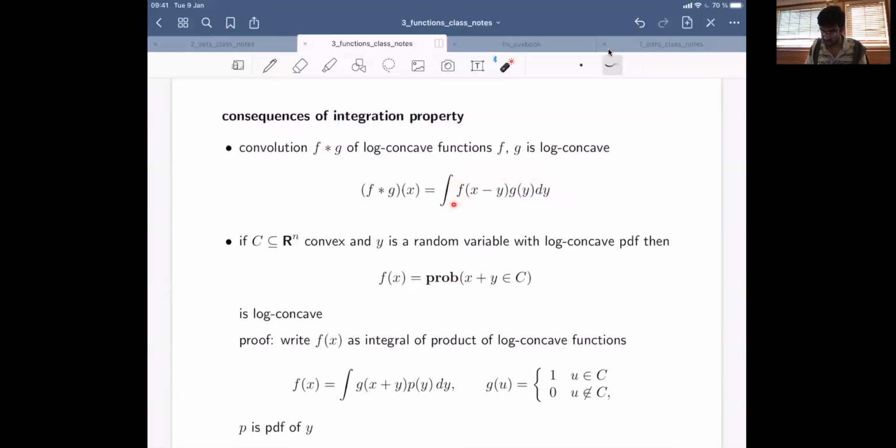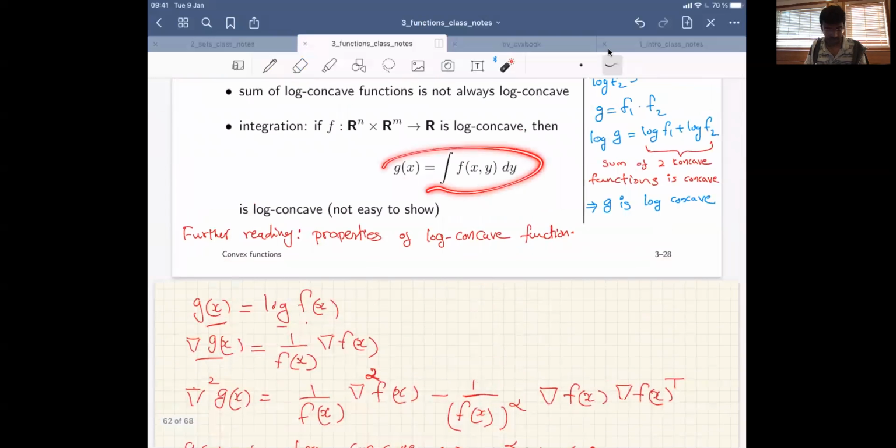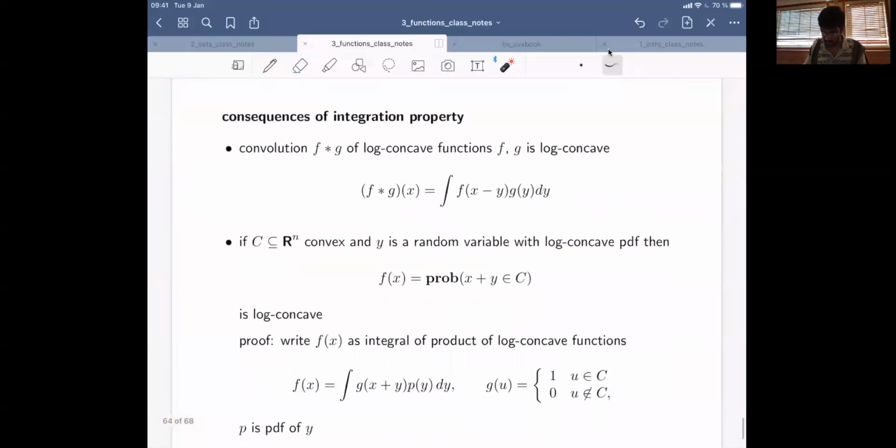If you assume that f and g are log concave, then this is one log concave function in x and y, another log concave function, and the product of those is log concave. Then we saw from the integration property that it will also be log concave. So when you take a convolution between two log concave functions, the resulting function will be log concave.